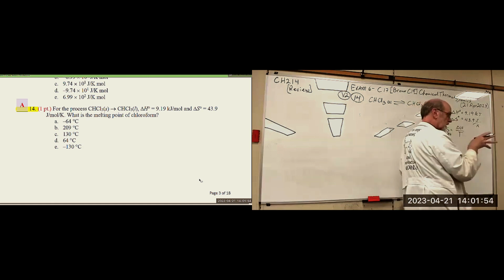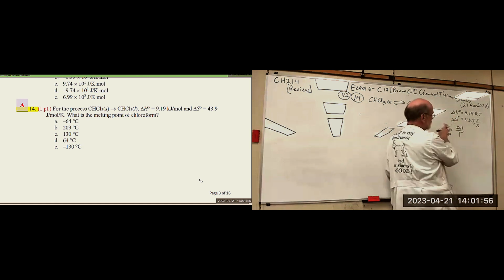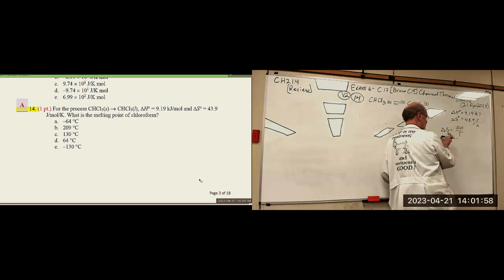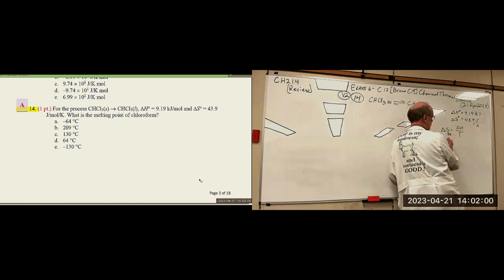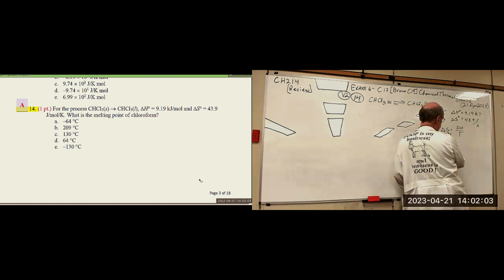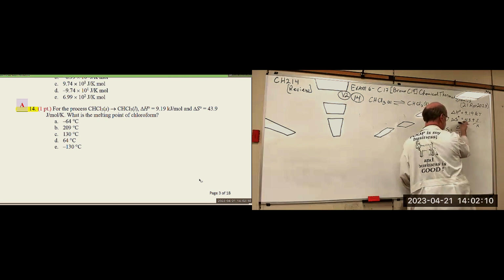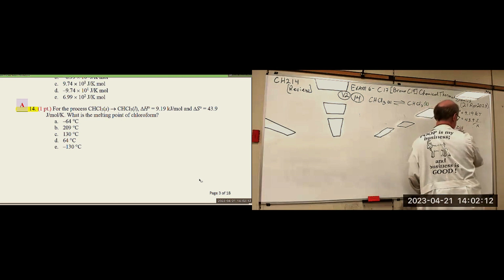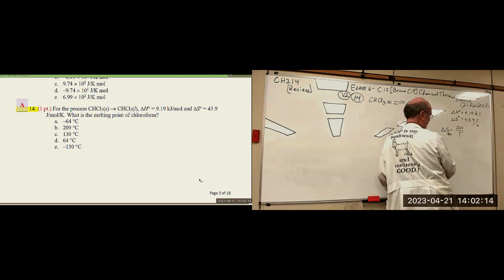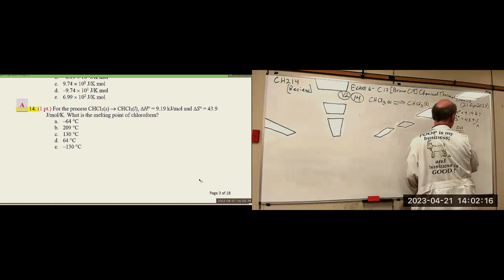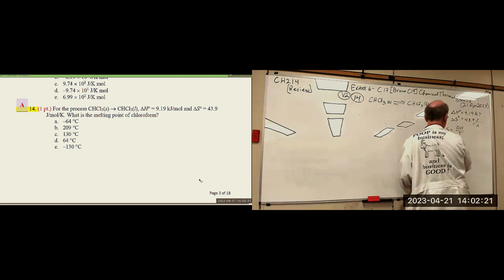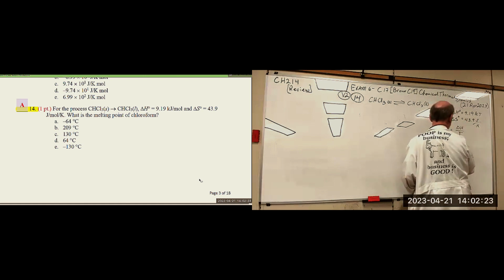Since we're at equilibrium, at a phase change, you're at equilibrium as far as entropy is concerned. So this one plus the surroundings equals 0. That means all we have to do is change the sign on the surroundings, and this gives us the system expression. What we need to know is, well, we got it right here. We got this value, 43.9 joules per K is system.